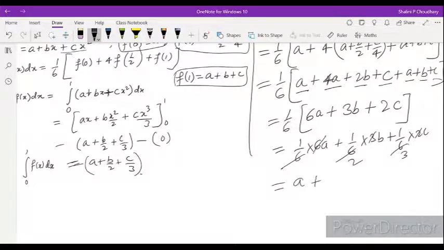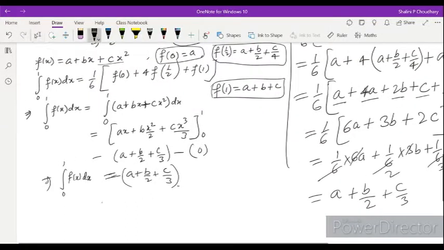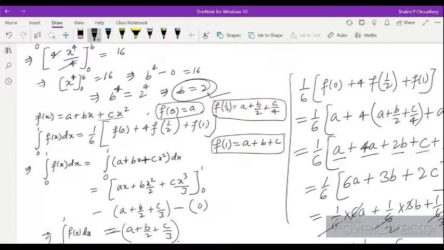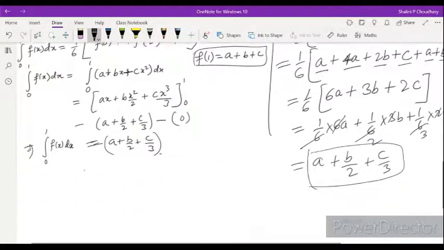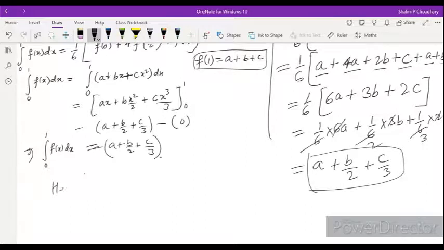We are getting a plus b upon 2 plus c upon 3. Is it the same? So this value is 1 upon 6 f0 plus 4 f of 1 upon 2 plus f1. So we are getting the same value, hence proved.